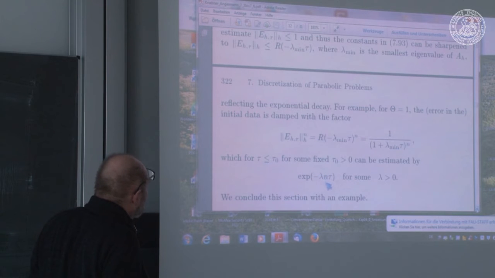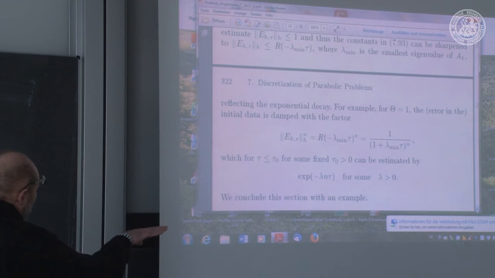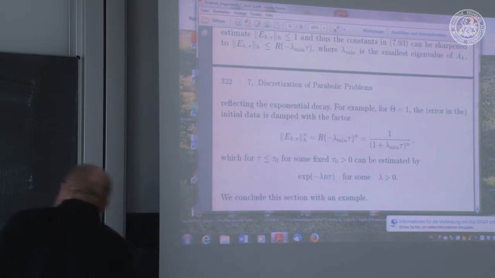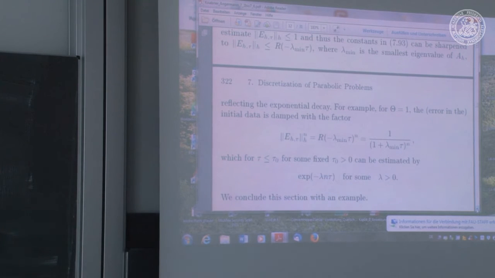The factor lambda is then not so good as we are used to have it. It's not the lambda min anymore. It's something which is a little bit smaller than the lambda min. Otherwise, it would not work. Maybe you think this is strange, because I'm here on the negative part.